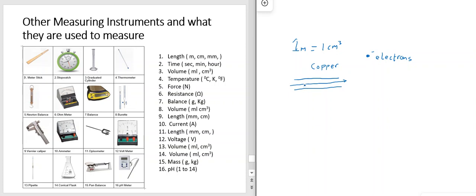Some materials will resist the flow of electrons, and they're what are known as insulators. If you take the wire on a plug, the outside of the wire normally has some kind of plastic covering on it. The plastic cover resists the movement of the electrons, so the electrons will only move through the copper, because copper allows the electrons to move through it, whereas the plastic around the copper wire stops the movement of electrons.